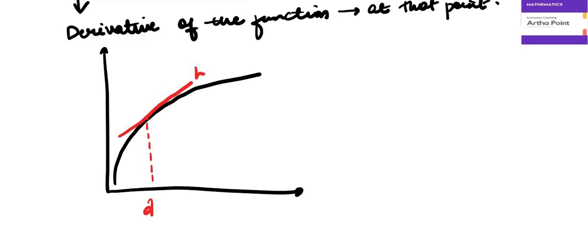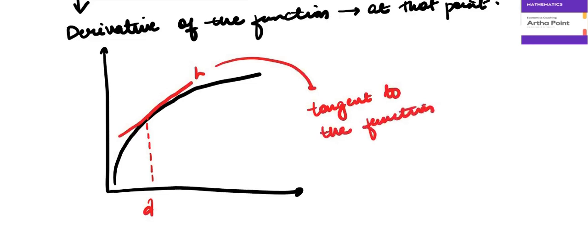So, I draw a line. This line is tangent to the function. Where is it tangent?